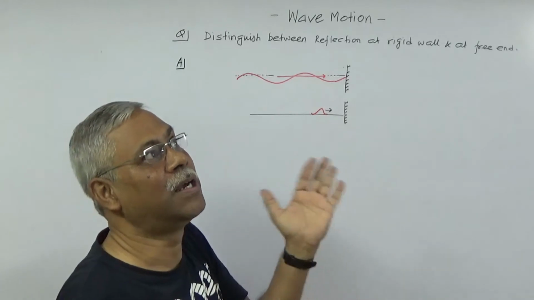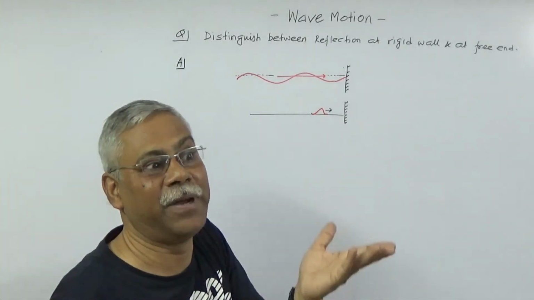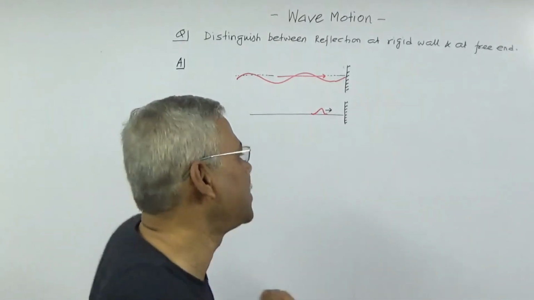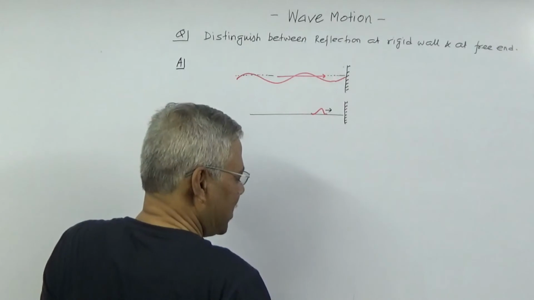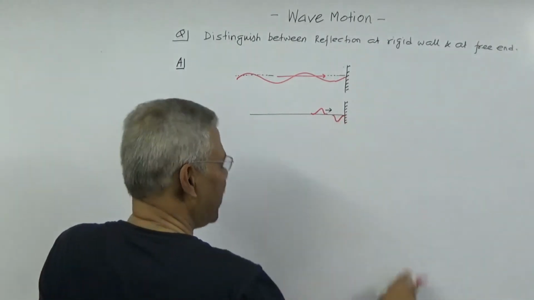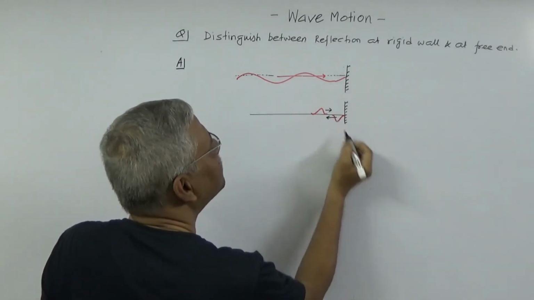The reflected wave will immediately have a reversal of phase. Okay, a complete reversal of phase. And you can see this in the drawing. This is what is called a complete reversal in phase.